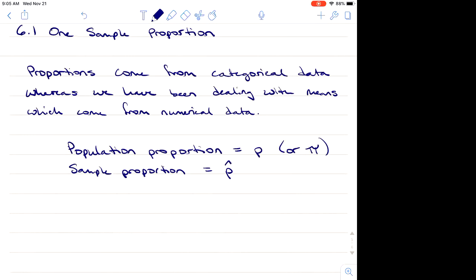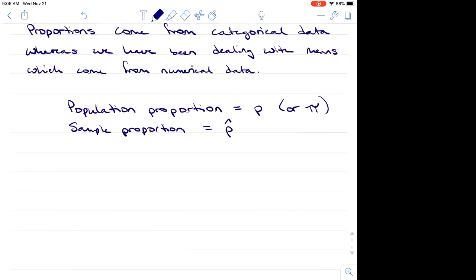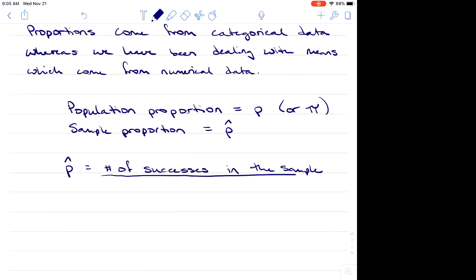So p hat is your sample proportion. Your p hat is the number of successes in the sample over the sample size.